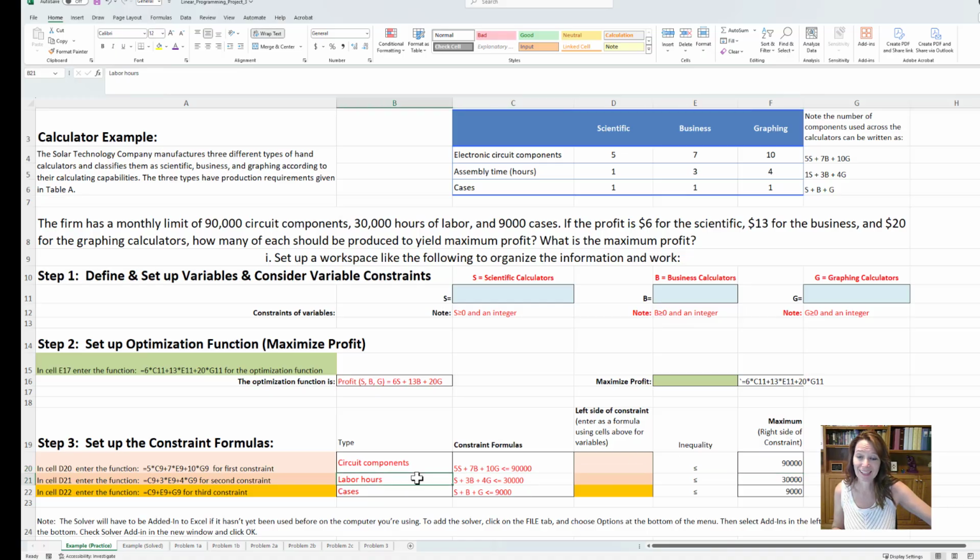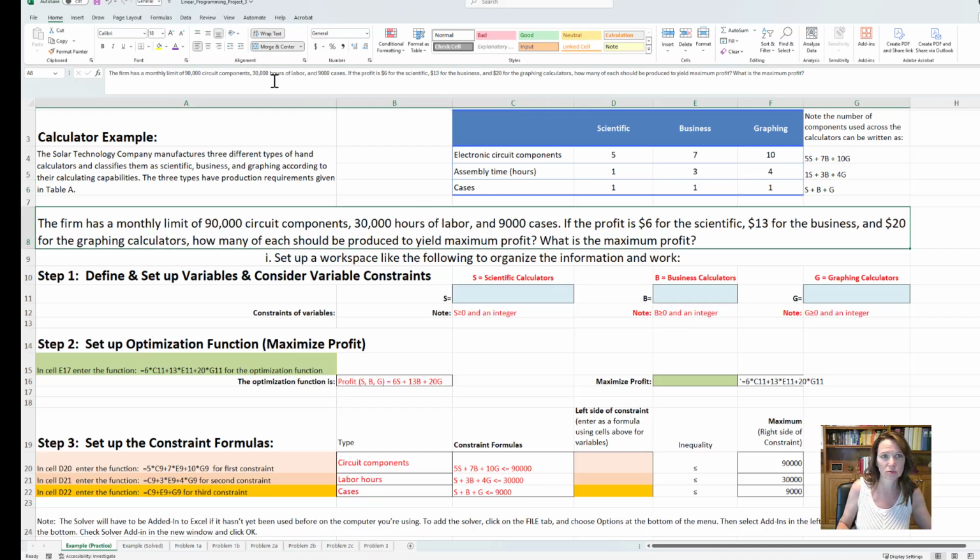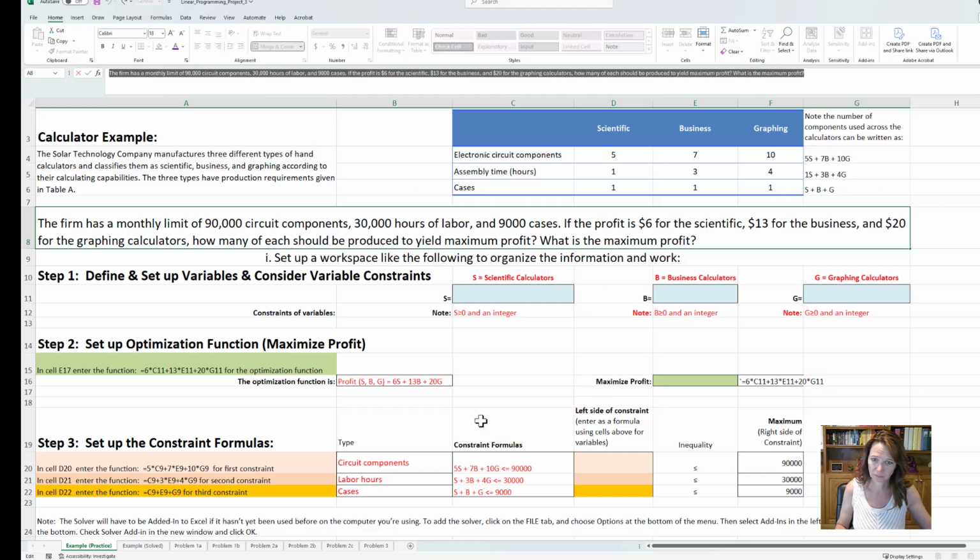We also have labor hours constrained. So we're going to utilize that as well. And the cases are also constrained, based on adding them up. So S plus B plus G is less than 9,000. So those are all derived from this information right in the center there.